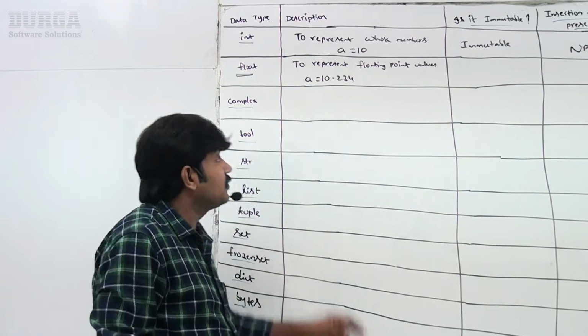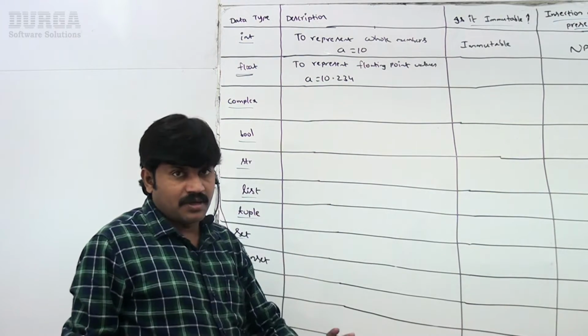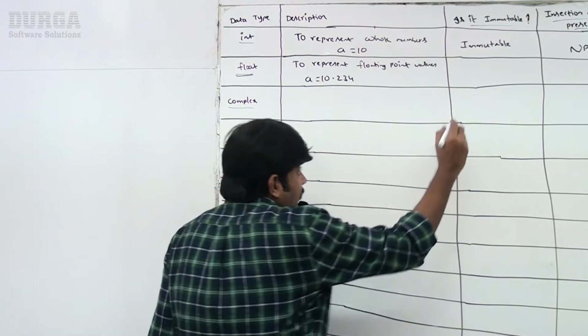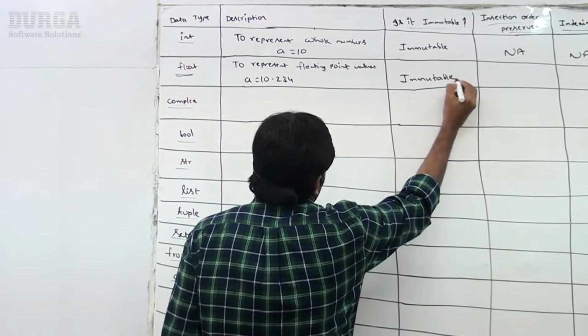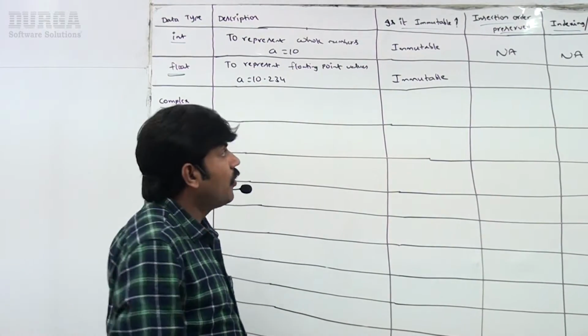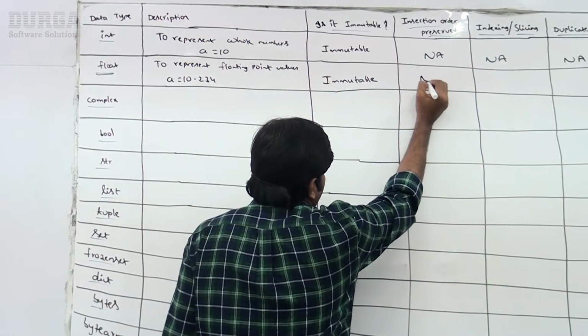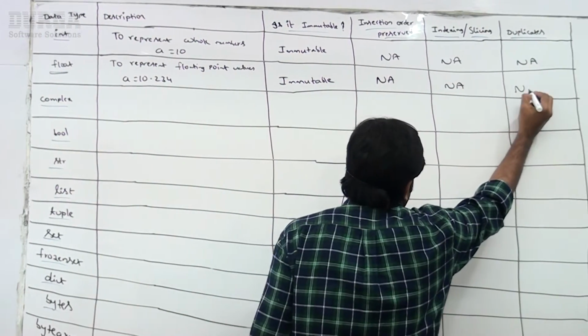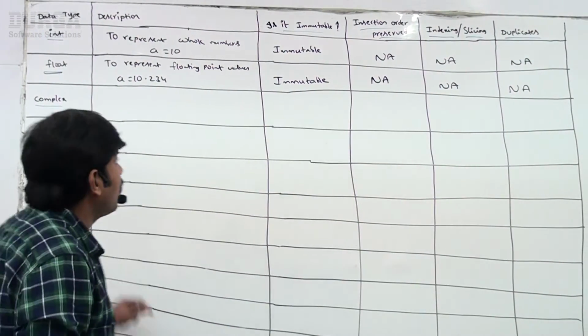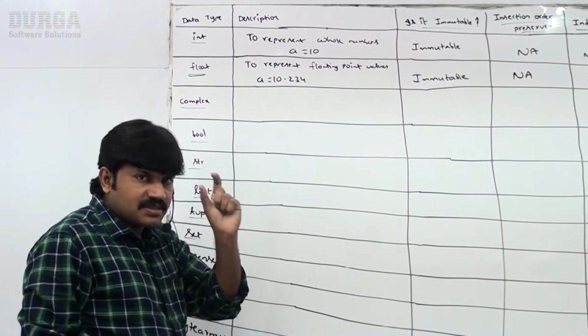This type of number is by default considered a floating point number. All fundamental data types are immutable, so float is immutable. Insertion order, indexing and duplicates are not applicable, because this is not a collection. It is a single value.